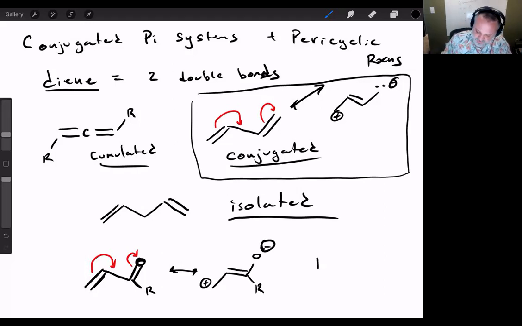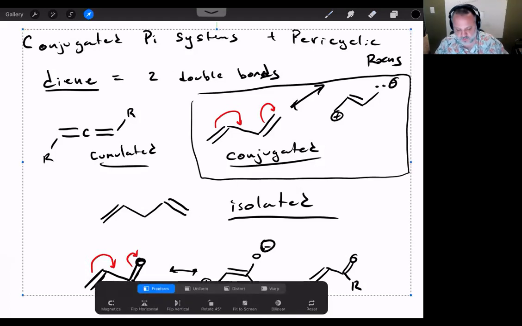It can't be like this, right? I can't have this situation because that violates the octet rule. So an enone is having a pi system in a double bond conjugated with a double bonded oxygen. That's the one part, and the ene part is the double bond between the two carbons. Does that help? Cool.